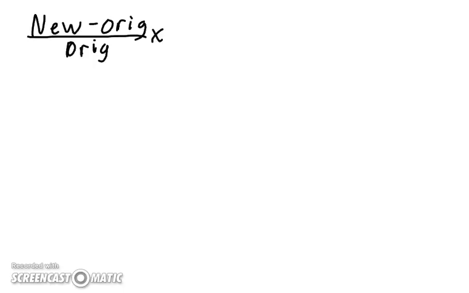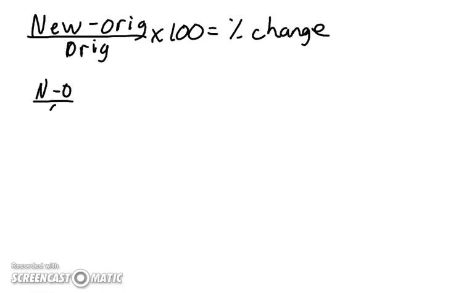So the equation that we're going to use here is new minus original divided by original times 100. That is equal to your percent change all the time. What I always tell my classes is that it's N over O. Okay? N over O. The new minus the original divided by original.